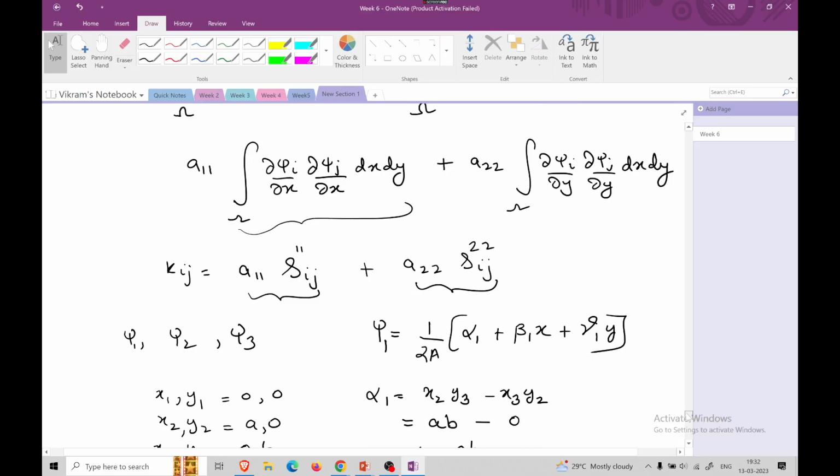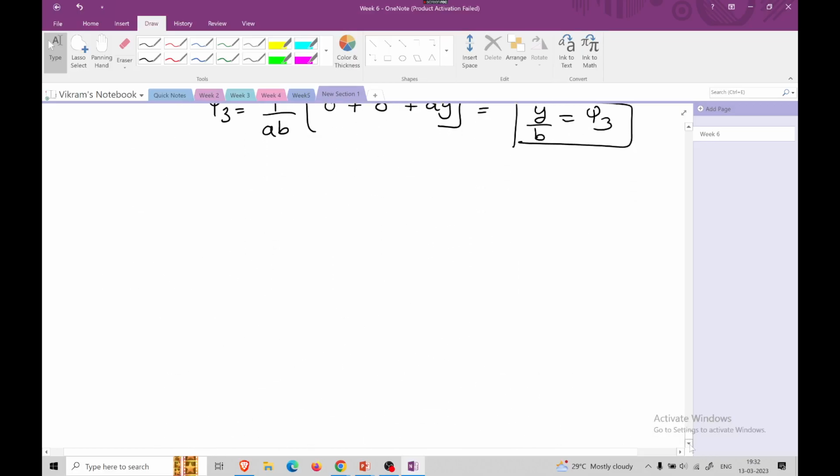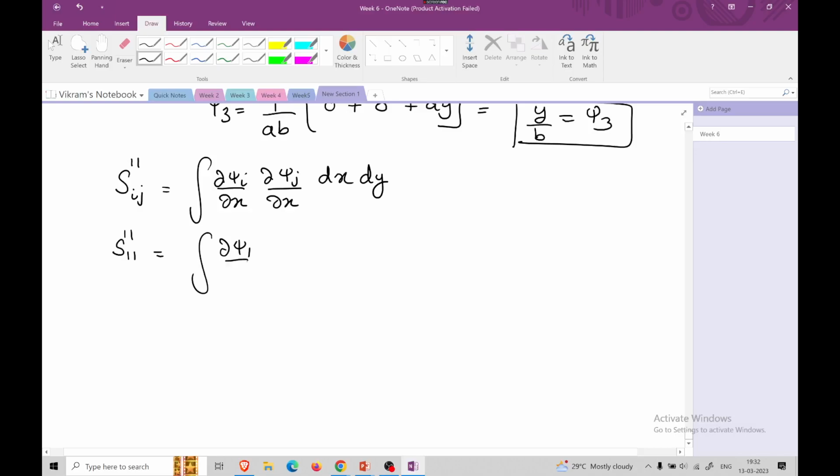So we are going to find out S11. Sij is equal to ∂ψi by ∂x times ∂ψj by ∂x into dx dy. If you take it as 1 1, it is ∂ψ1 by ∂x into ∂ψ2 by ∂x into dx dy.